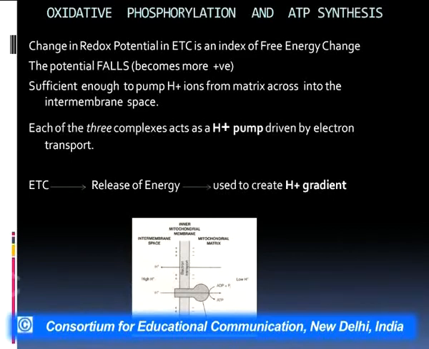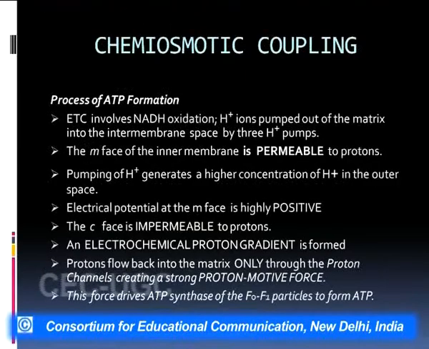There are specialized channels which are there. So, the protons can move only through these channels along a very high proton gradient, and as a result the coupling or the osmoticum is going to generate a proton motive force.